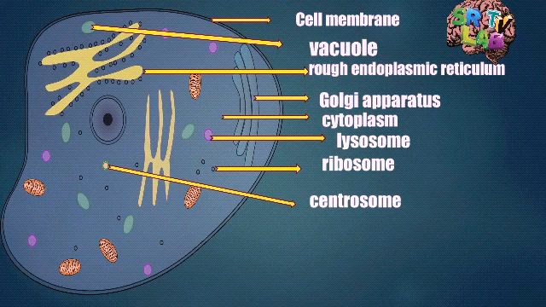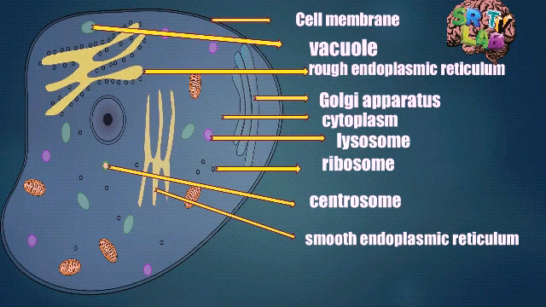You remember the function is just the processing of new materials in the cell and transporting them. When they transport them, they send them to the Golgi apparatus. Then the Golgi apparatus will transport them also to the cell membrane to go outside the cell or remain inside the cell to do some other functions.